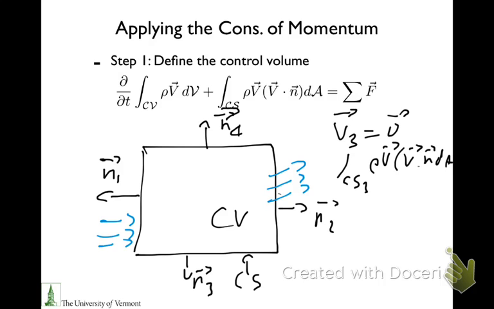Similarly, I could have, say, V4 perpendicular to N4, and that will have the same result. There will be no flux on this surface. So the other aspect too is that it needs to include all the forces that matter, especially the one you're looking for, right?